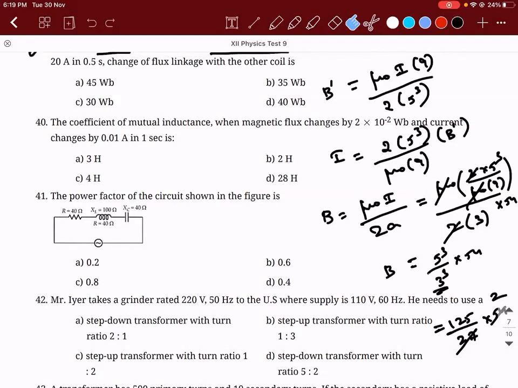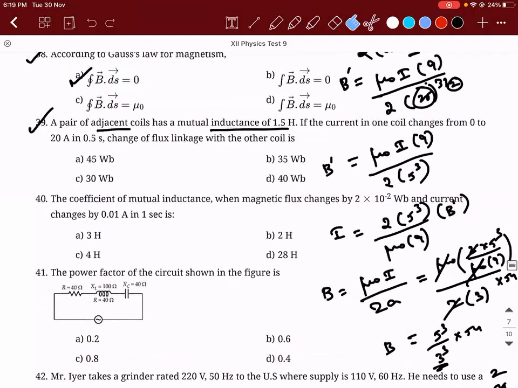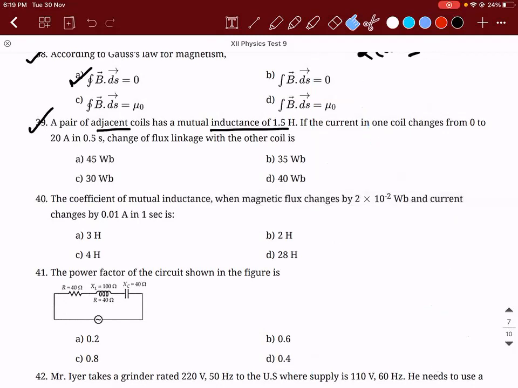Okay, please copy it. Yes, sir. Done. Thank you. Okay. So what is the answer for 39, guys? Would have solved it? Check your solution, check your answer sheet and tell me.